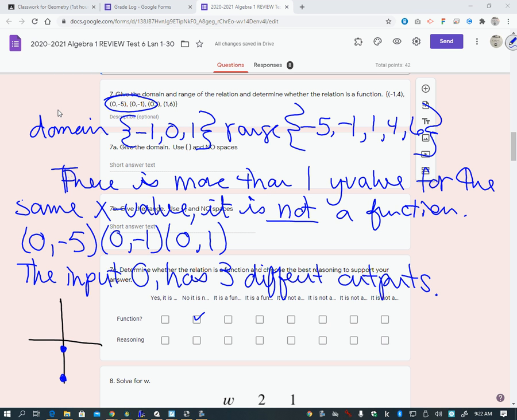And what was the other one? 0, 1? It'd be about there. What happens if I connect those 3 points? What kind of line? A straight line? Be more specific. A vertical line. Why is that a problem?